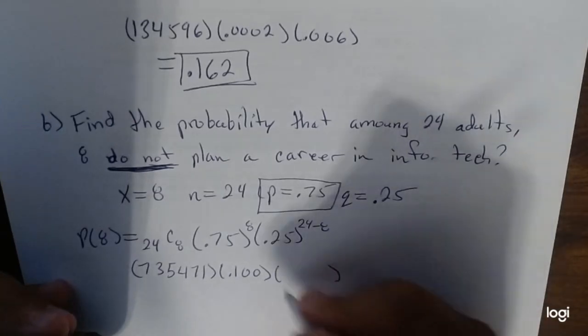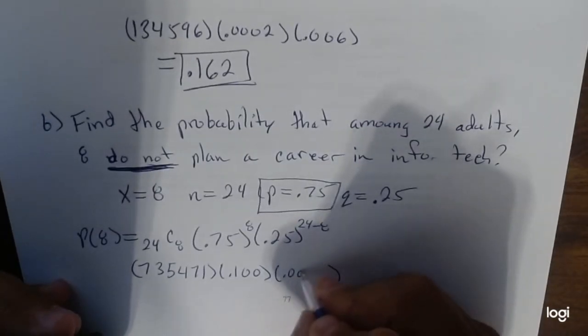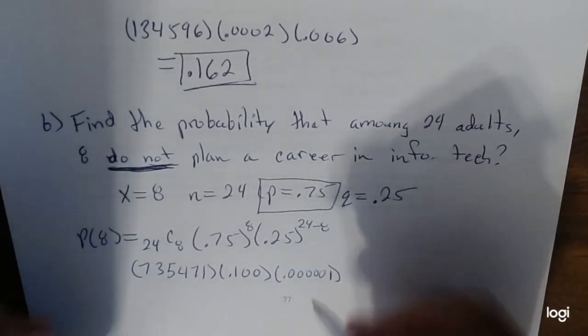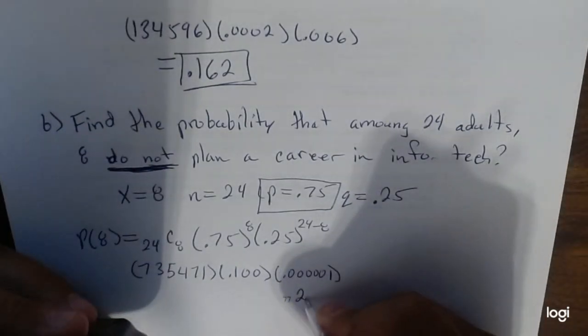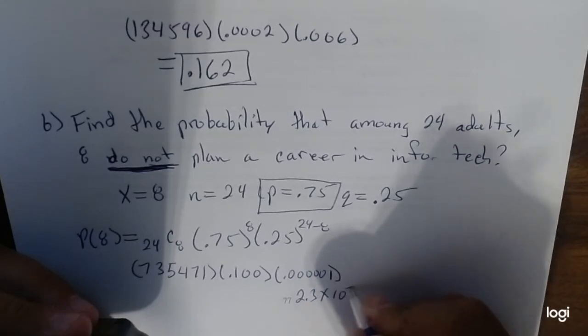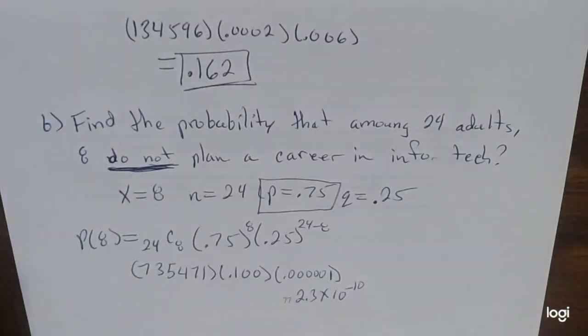It was a super small number, essentially 0. So just say super small. There's a 10 before it, so this is 2.3 times 10 to the negative 10. So there are 9 zeros before it.